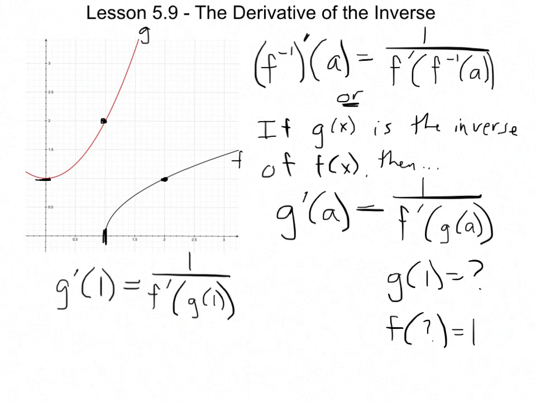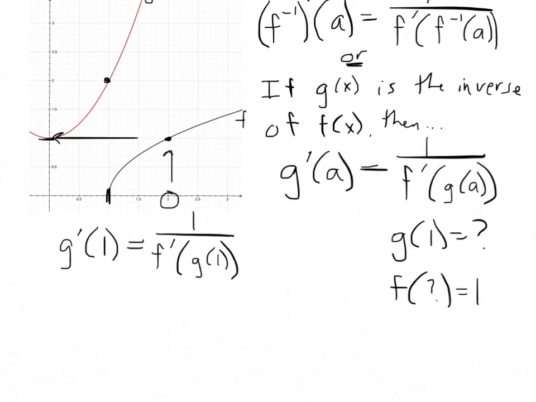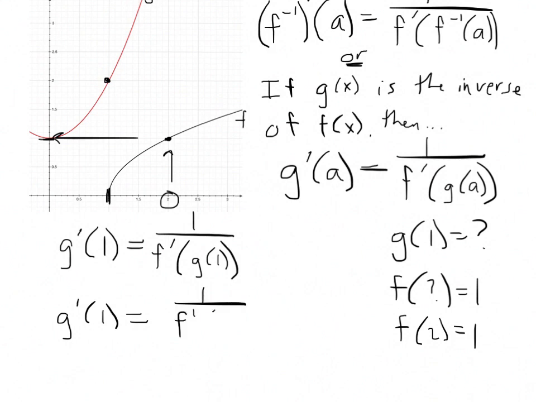Looking at the picture, if I were to plug 2 into the original function, I would get back the value 1. So f of 2 is 1. In other words, g prime of 1 is 1 over f prime of 2. Then I just have to find the slope of this tangent line.